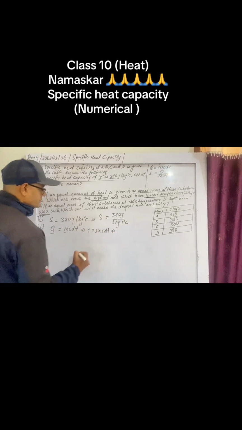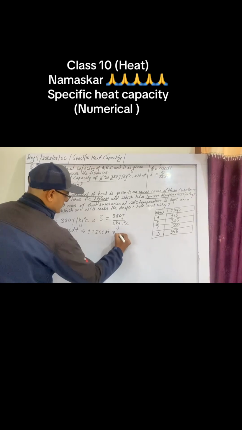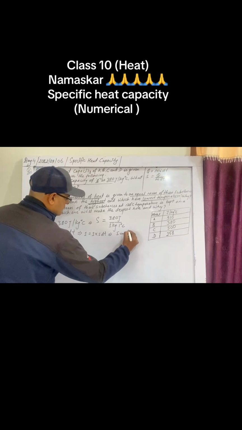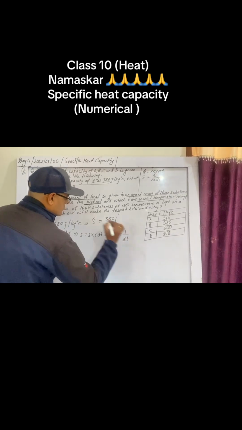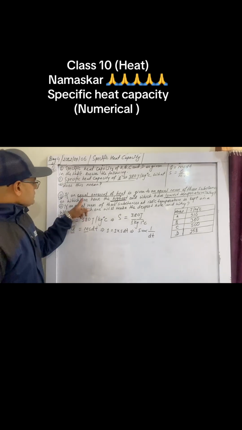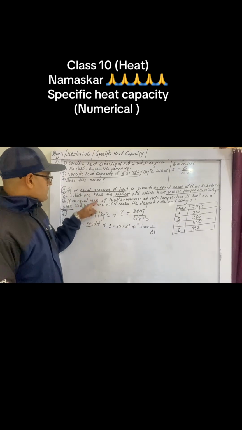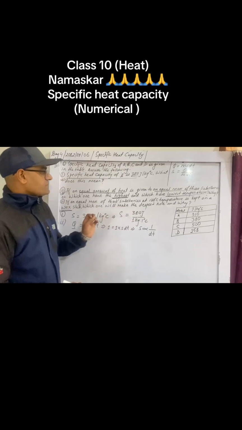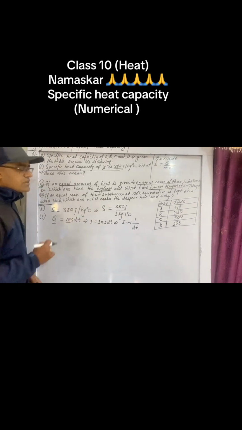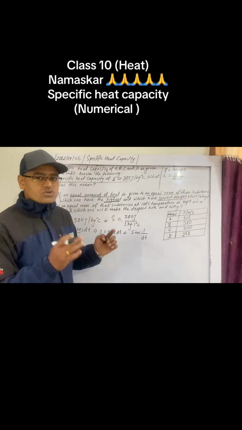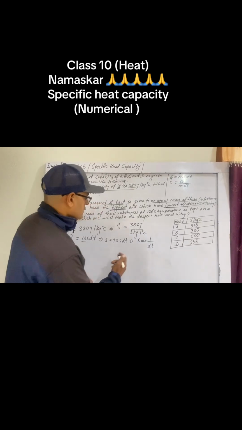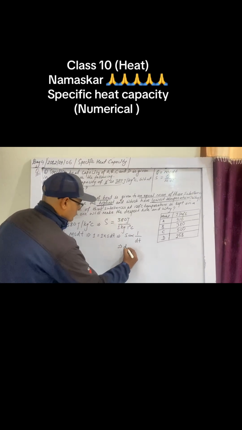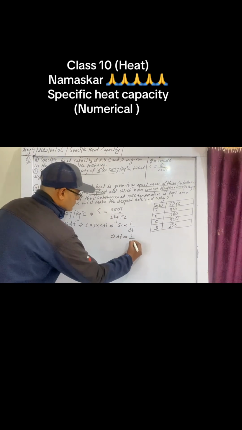So the final equation becomes s inversely proportional to the temperature change. The question is asking, if equal amount of heat and equal mass of all four substances is given, which one will have the highest temperature and which one will have the lowest temperature?